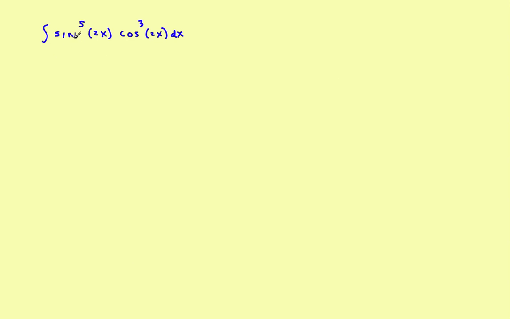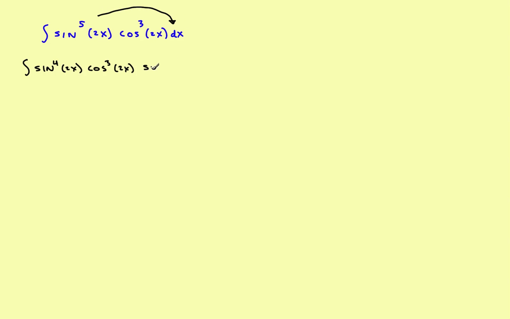So when you do this, we'll change it into this right here. It will become the integral of the sine to the 4th of 2x. Then here's the cosine cubed. And what we'll do is take one of those sines and move it all the way over here and just put it over on this side.